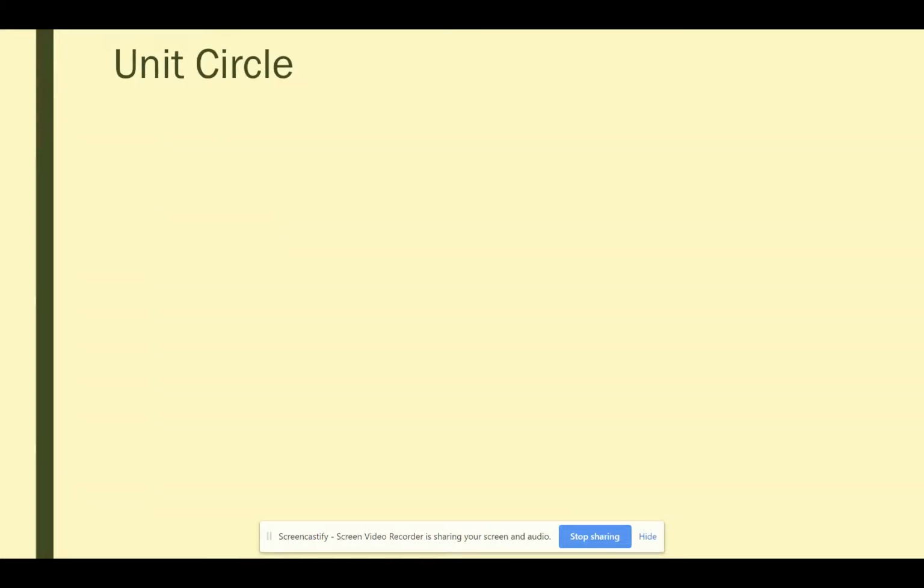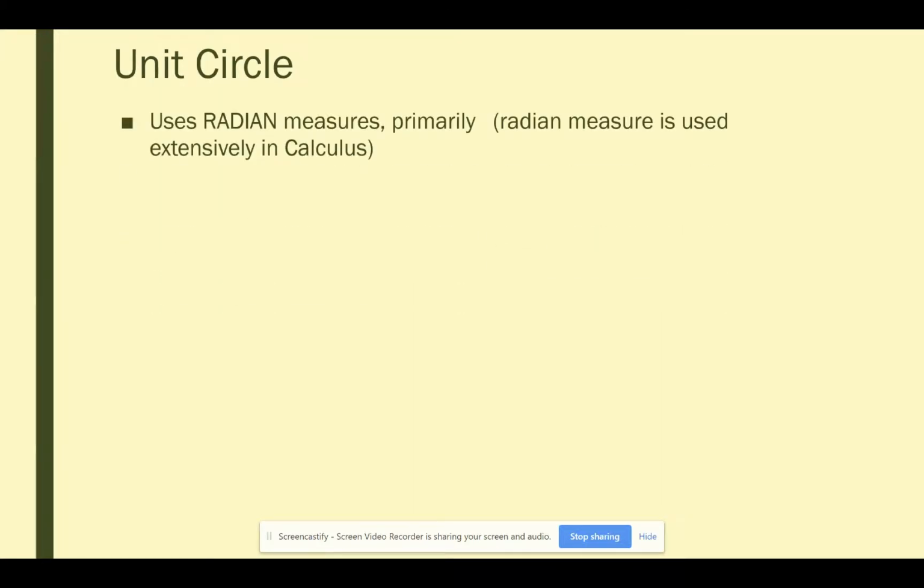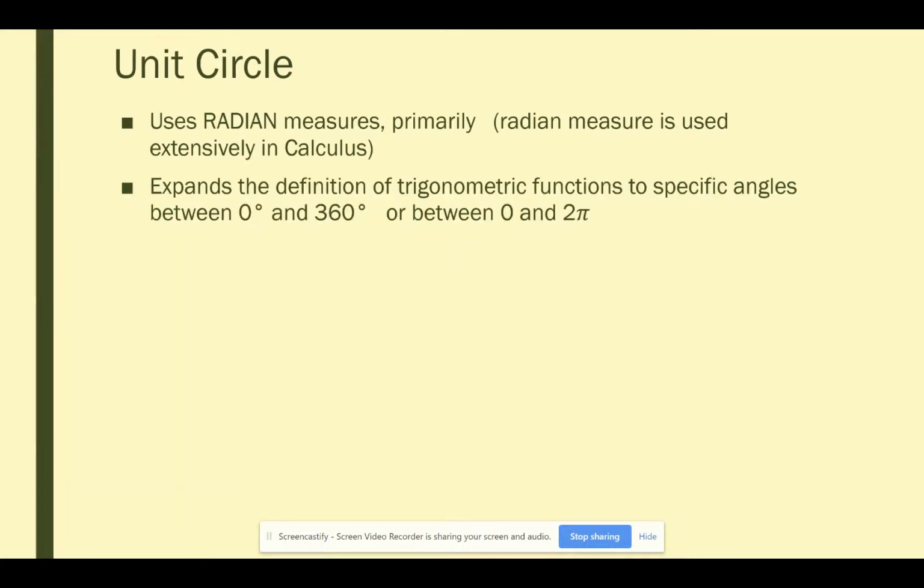But as we move into the discussion of the unit circle, it tends to use primarily radian measure, which most people are not as familiar with, but radian measure is used extensively in calculus because it's a little bit easier to deal with than degree measure.